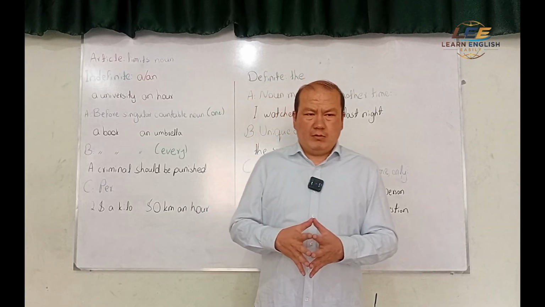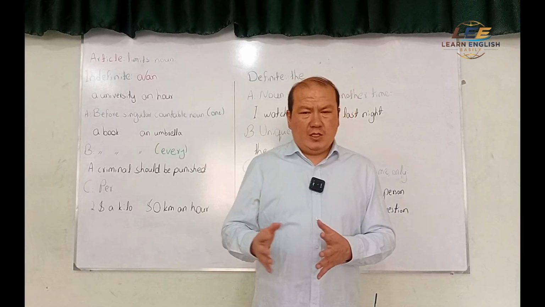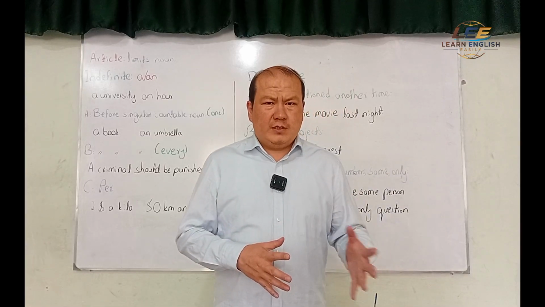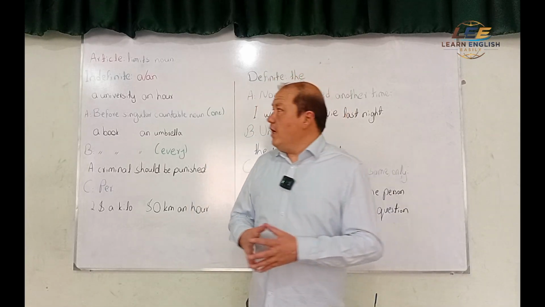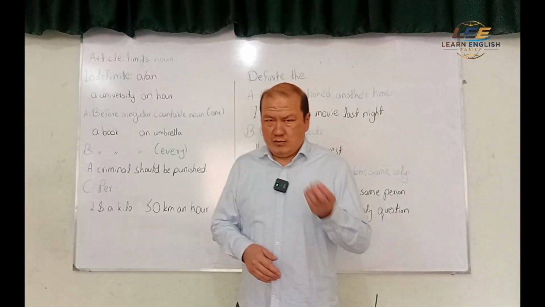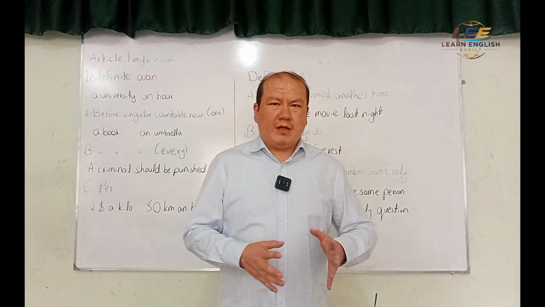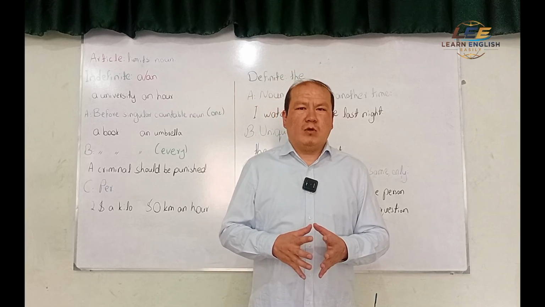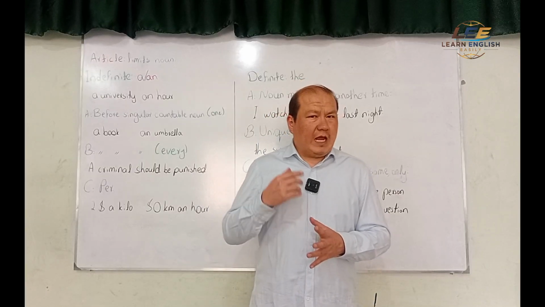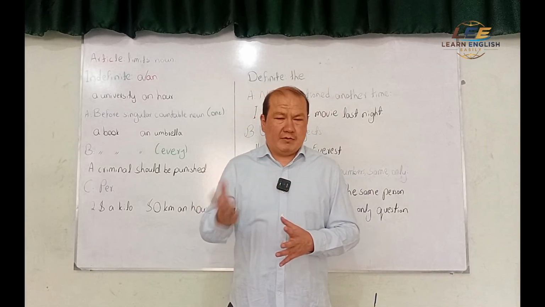It's quite simple. We use a before a word that starts with a consonant sound. And we use an before a word that starts with a vowel sound. Focus that I'm saying sound, not letters.